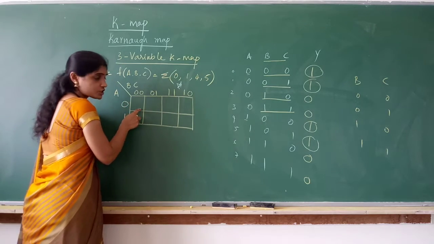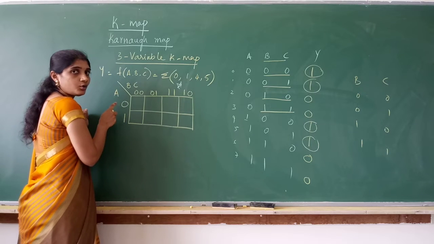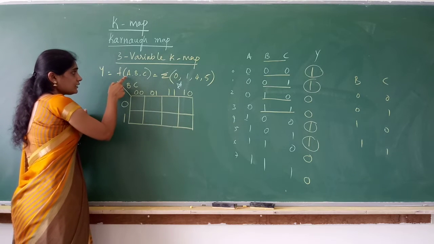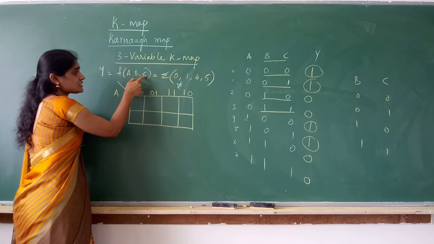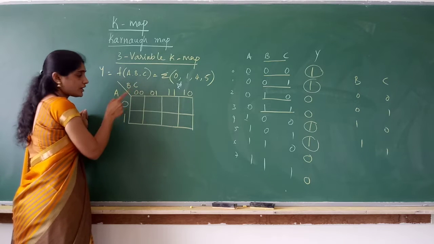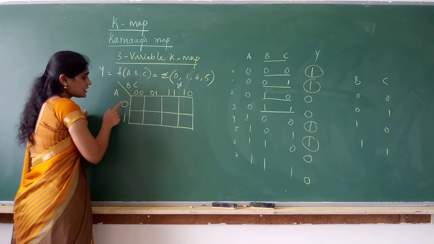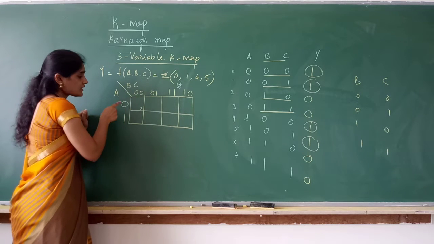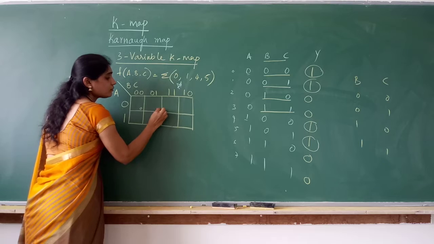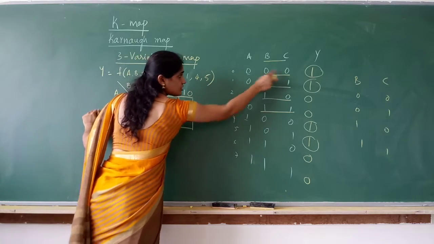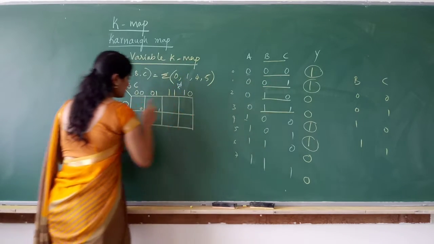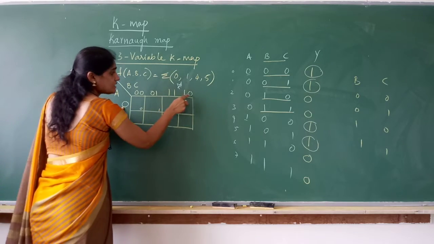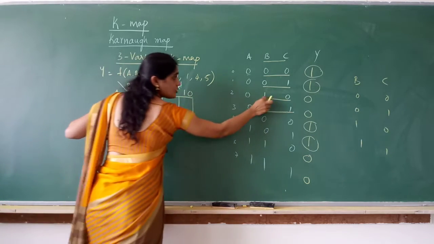the next step is to name the cells. How to name the cells? The inputs are in order A, B, C. Read the cells in the same order. A, B, C. 0, 0, 0. What is that? 0. 0, 0, 1 is 1. 0, 1, 0 is 2.